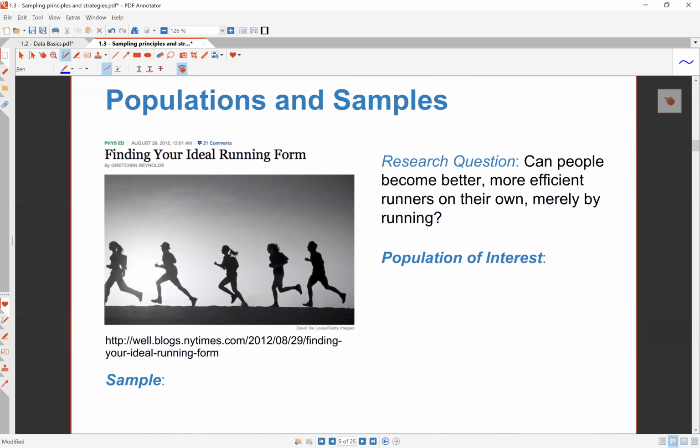So in this case, as we said, the population of interest was all people, but the sample looked at women in their 20s and 30s who are healthy.